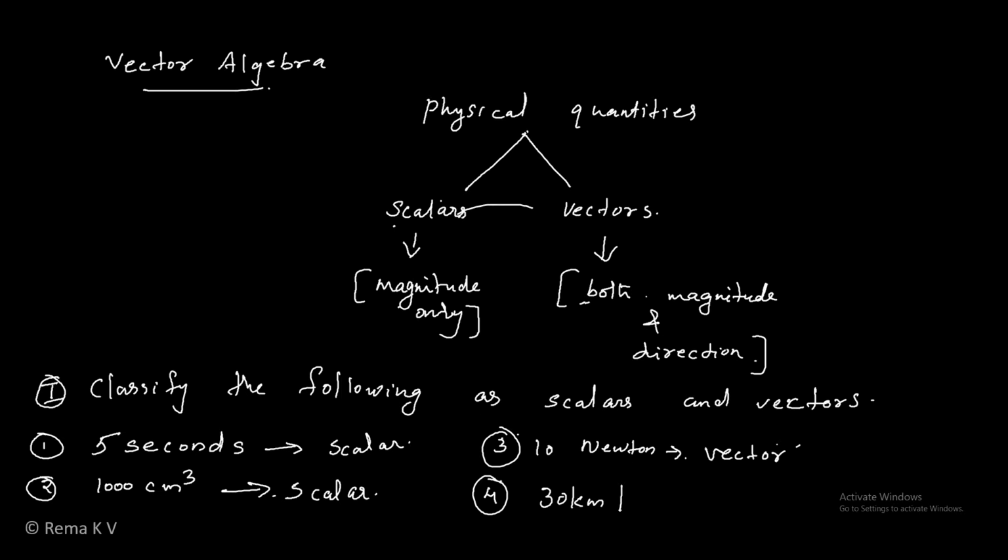Now 30 kilometer per hour. What about this 30 kilometer per hour? Unit of kilometer per hour, unit of speed. Then if we consider this as speed, it is a scalar.